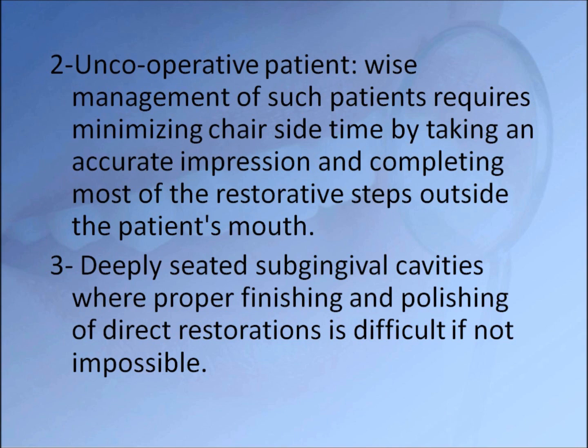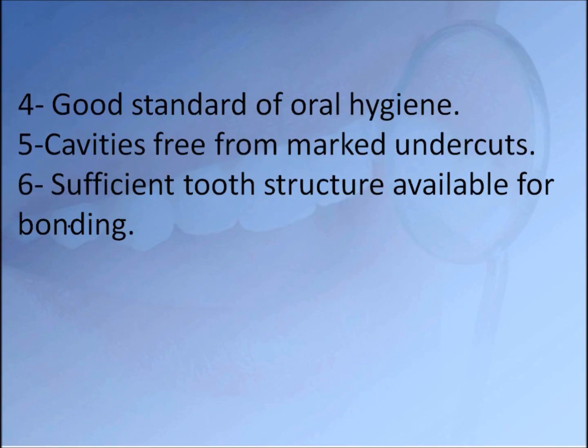Number three, deeply seated subgingival cavities, where the proper finishing and polishing of direct restorations is difficult, if not impossible. Number four, good standards of oral hygiene. Number five, cavities free from marked undercuts.